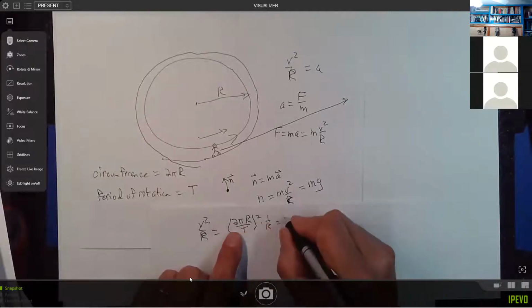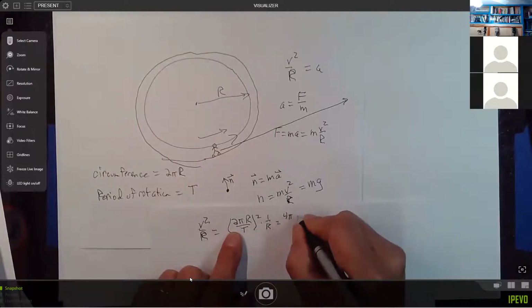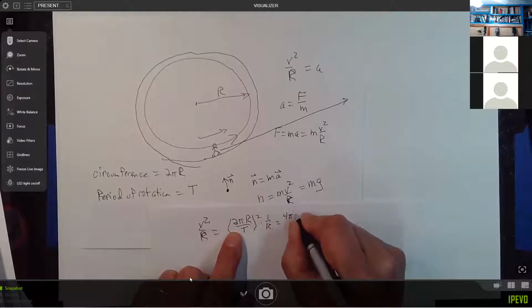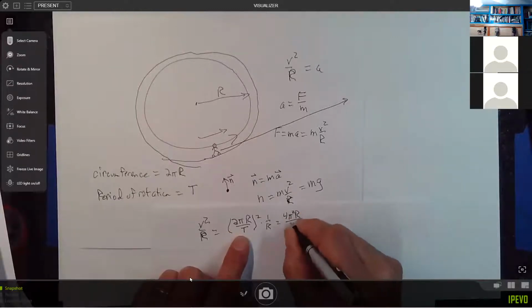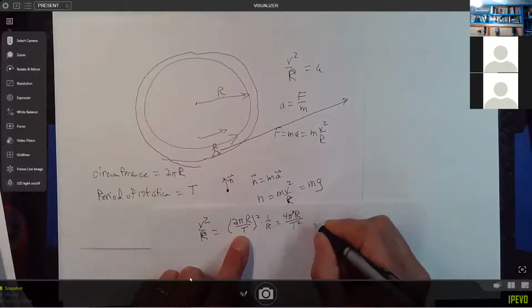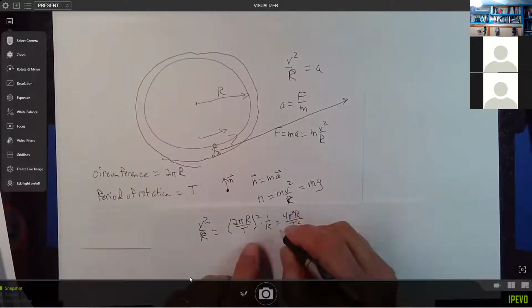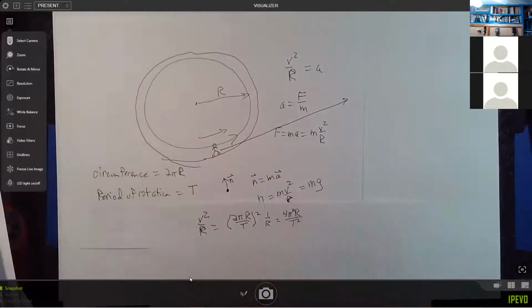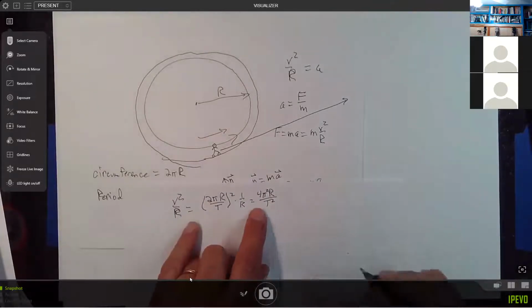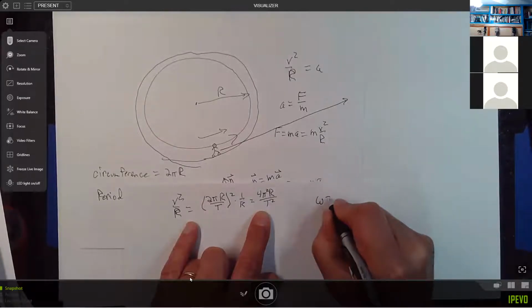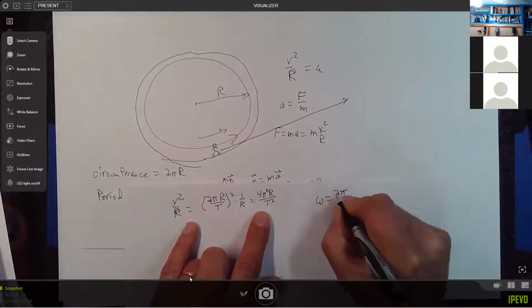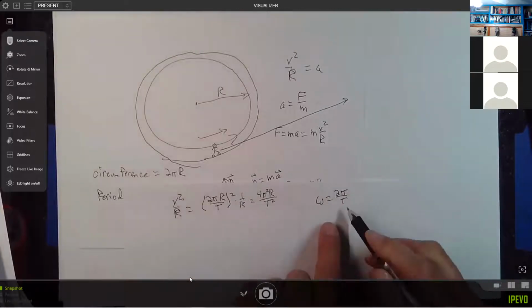square everything inside, 4 pi squared R squared over T squared. Let's see, it would be R squared here, but we divide by an R, so we lose one, something like that. Now, the angular velocity, omega, is equal to 2 pi radians divided by the period, okay?